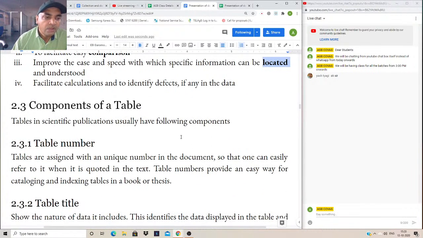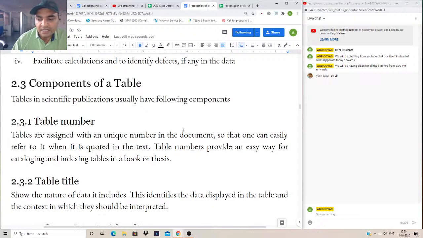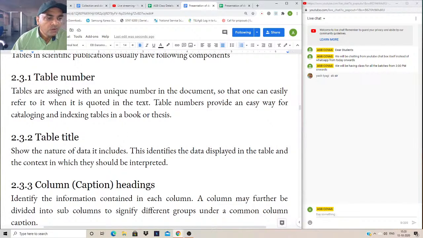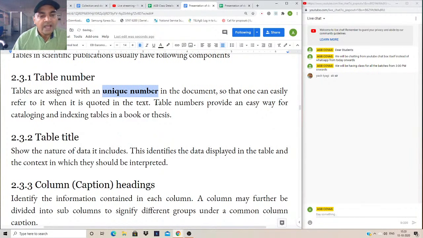Now, coming to the components of a table. What are the different components of a table? Tables in scientific publications usually have the following components. The first one is the table number. Tables are assigned a unique number, by which each table in a document can be identified, and that number is generally quoted in the textual presentation of the data.